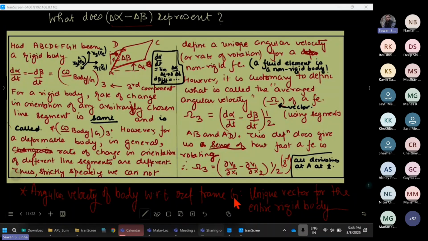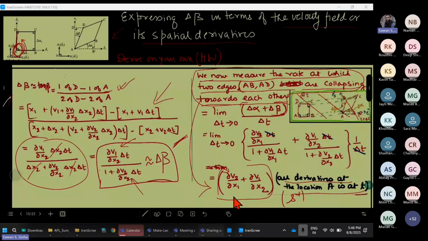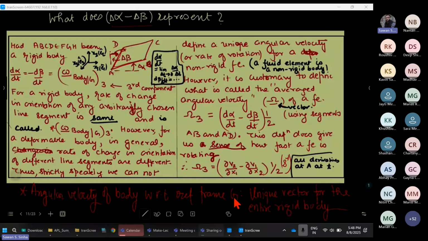Again, delta beta is clockwise, just the way it was earlier. Same diagram. What will that represent? Now here is a connection between non-rigid behavior and rigid behavior of matter.